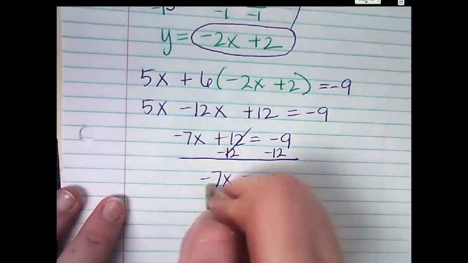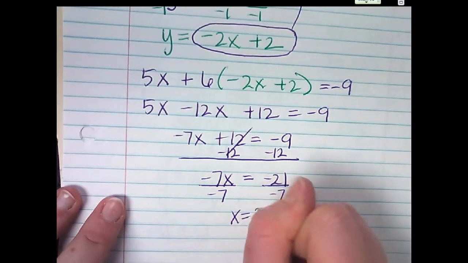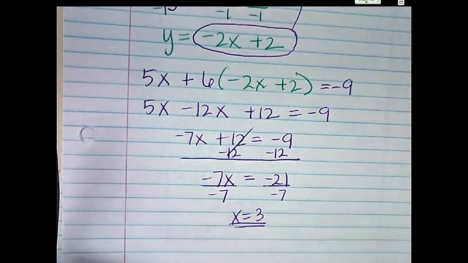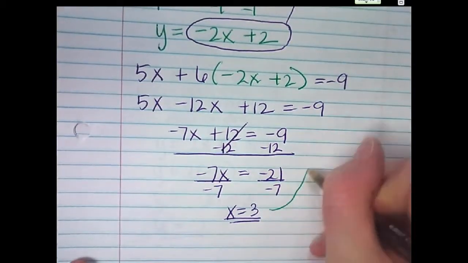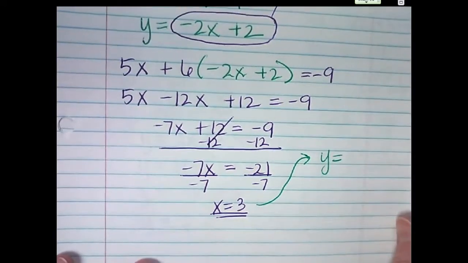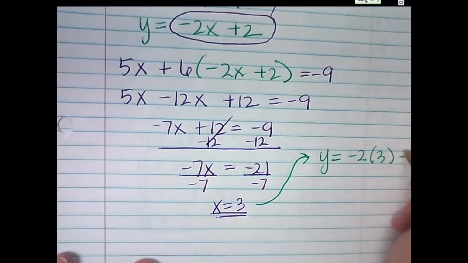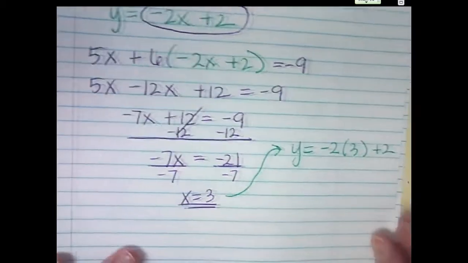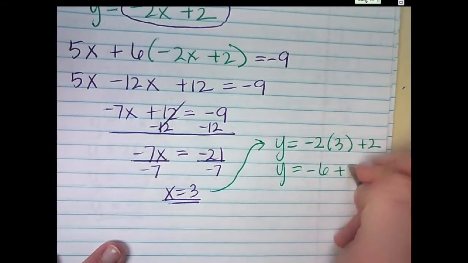So what do we get for x? That's positive 3. And then go back and plug positive 3 in. So what is that? Negative 6 plus 2, negative 4?